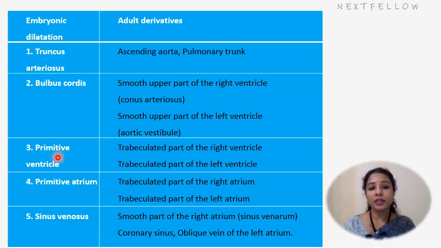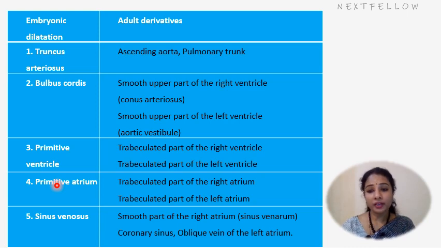Then the primitive ventricle forms the trabeculated rough part of the ventricle, which contains papillary muscles like bridges, ridges and pillars. Different types of papillary muscles are appreciated in the primitive ventricle, which forms the trabeculated part of both right and left ventricles.